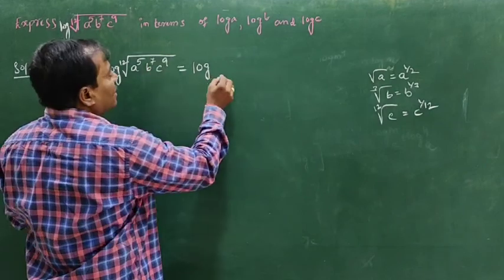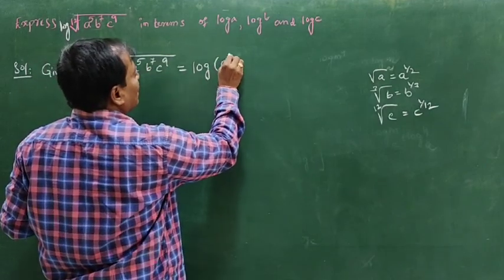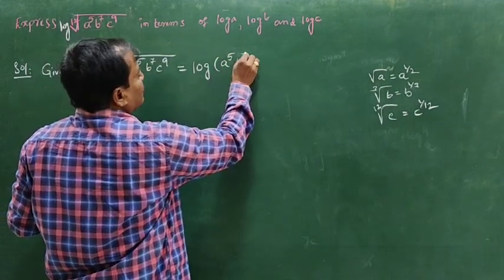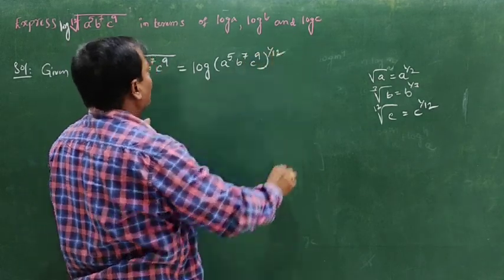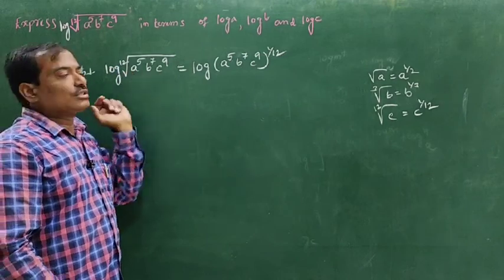So similarly here it can be written as a to the power of 5 b to the power of 7 c to the power of 9 whole to the power of 1 by 12. Why? Because this is the 12th root.